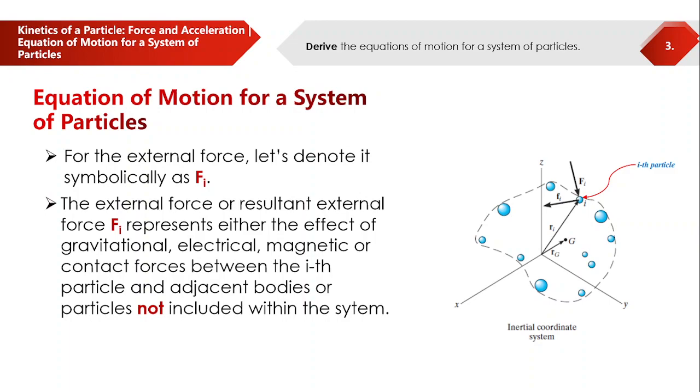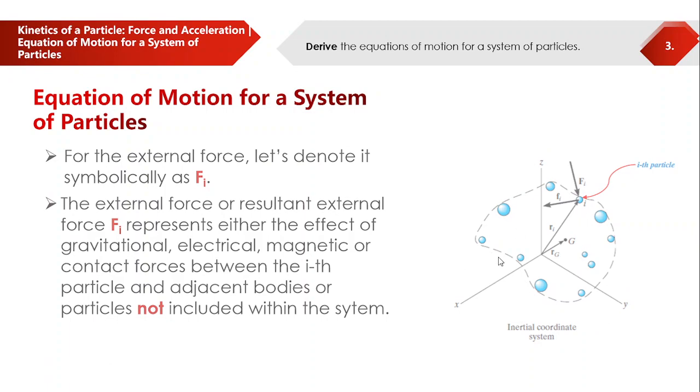Kumbaga, ang external forces is nasa outside ng enclosed region natin. The kinds of external forces that will act on your ith particle will be gravitational, electrical, magnetic, or contact forces na outside sa enclosed region natin. So we call those the external forces.